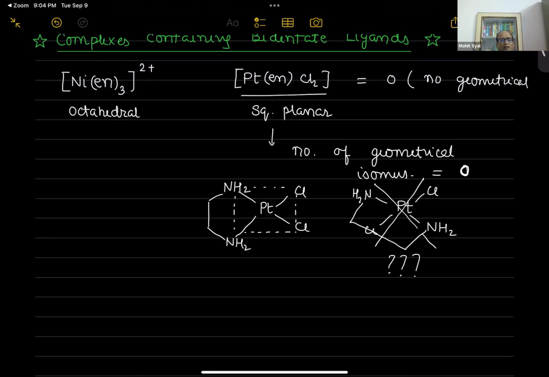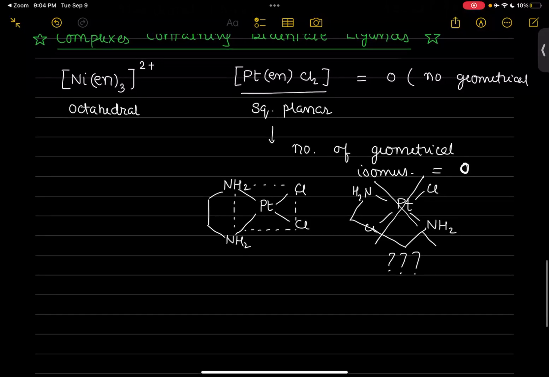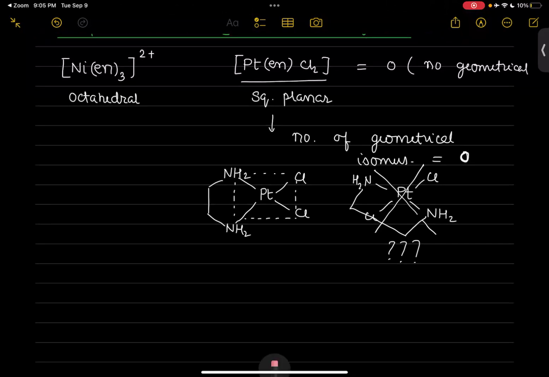Now, what about this one? This octahedral complex has all three ligands as bidentate ligands. All the three ligands are bidentate. For example, if you look at the en, all the three en are bidentate. Can you see? This is another very important example.